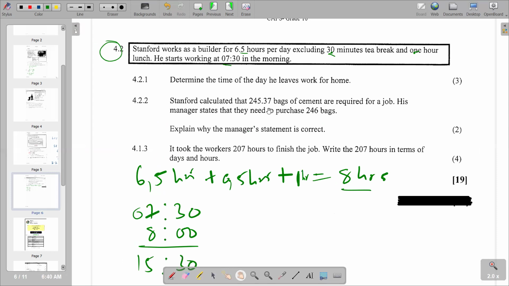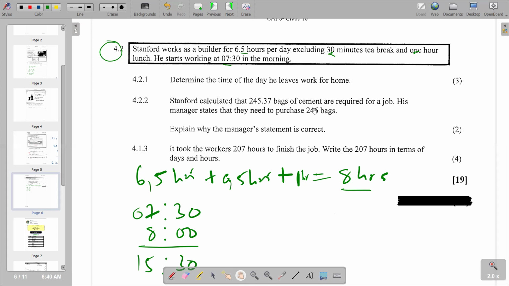Then 4.2.2: Stanford calculated that 245.37 bags of cement are required for a job. His manager states that they need to purchase 246 bags. Then explain why the manager's statement is correct. So we are seeing that we have got 245.37 bags, but the number of bags is being regarded as 246, which means this 245.37 was rounded off to the nearest whole number.